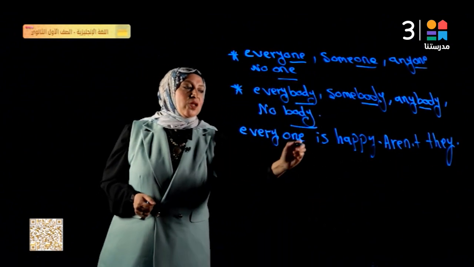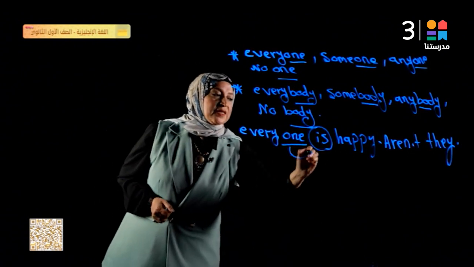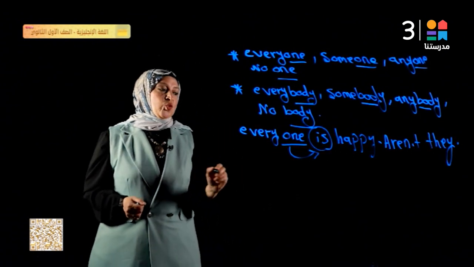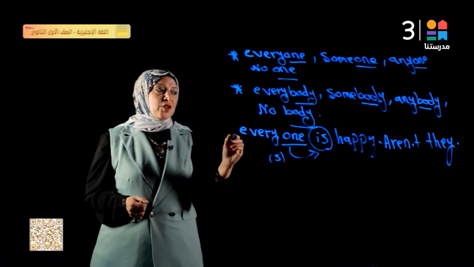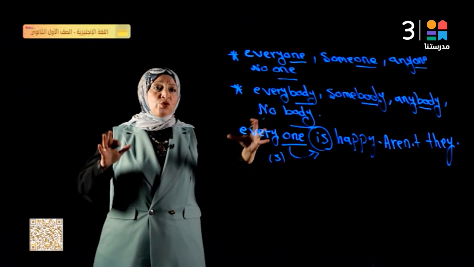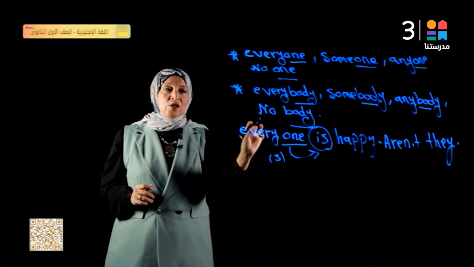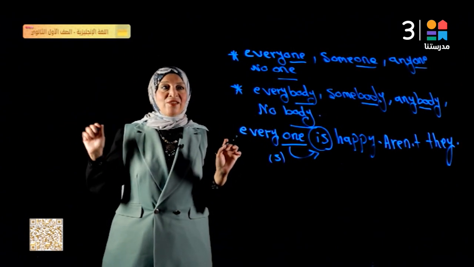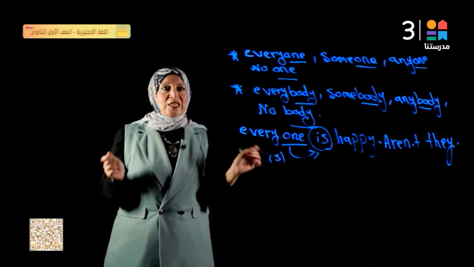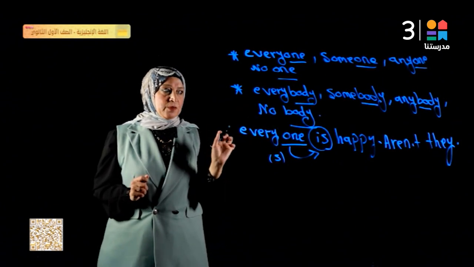We say everyone is happy. So the verb here is singular. We are talking about a lot of people, but when we say everyone, it takes a singular verb. Someone is at the door. No one is here. So we use a singular verb with these expressions.